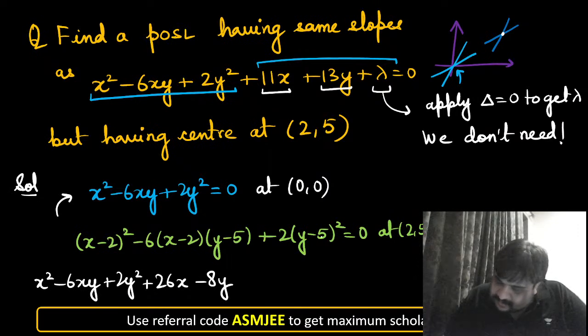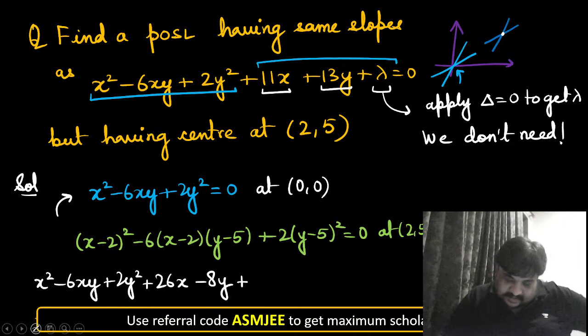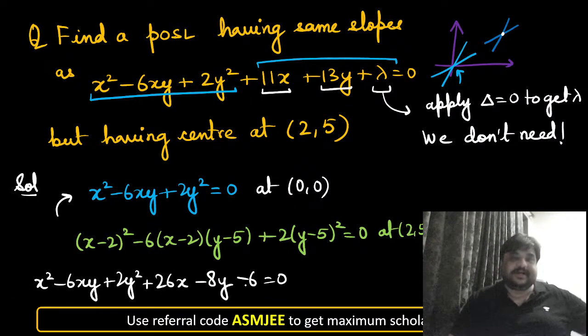Then 4 plus 5 2s are 10. 4 minus 60 is minus 56, plus 50 is minus 6. Who said they vanished? This is the answer, if you want to expand it.